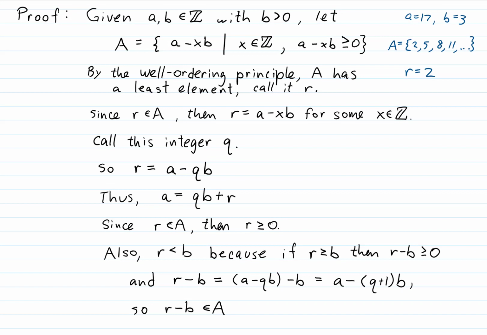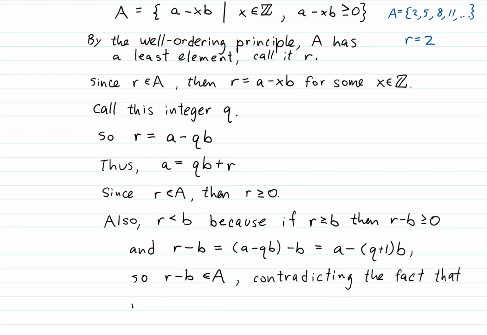We said that R is the least element of A. So R minus B can't be in A because R minus B is smaller than R. So let me write, contradicting the fact that R is the least element of the set A.